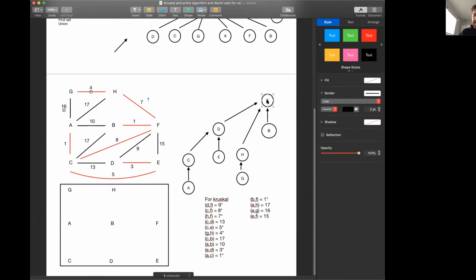So the answer, which is F, is the answer of the find set operation.